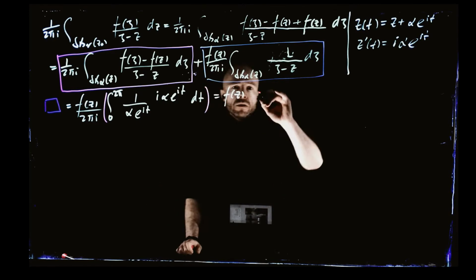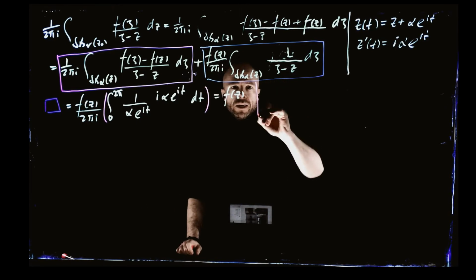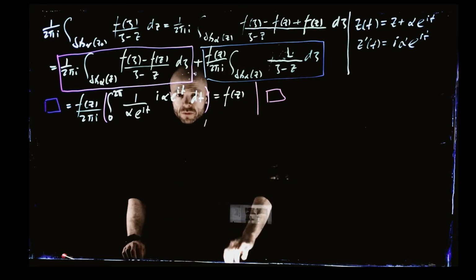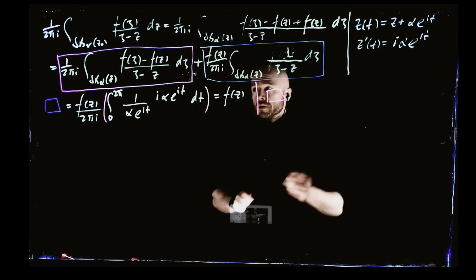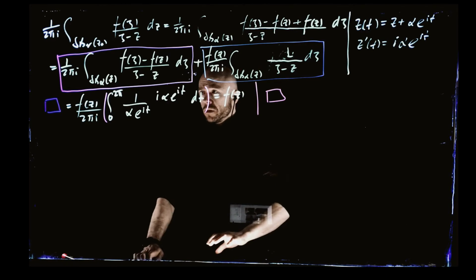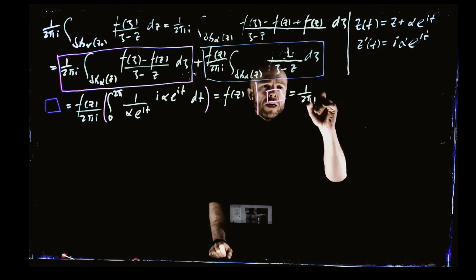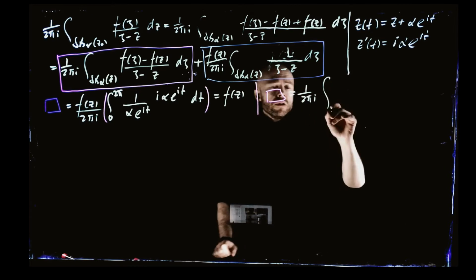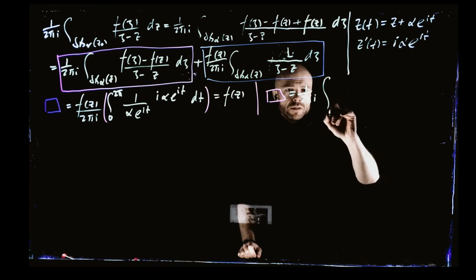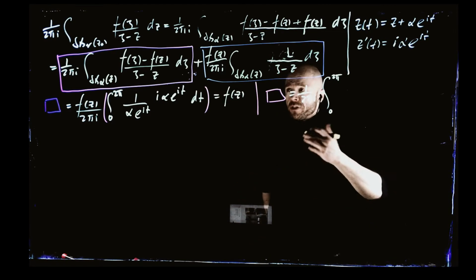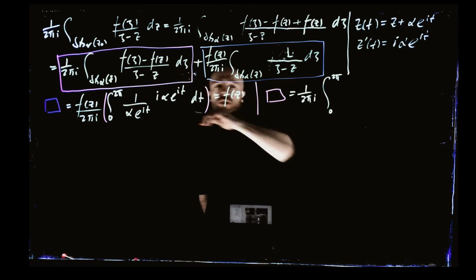So let's put a line here, and let's do the red box over here. What would happen when we parameterize it is we get 1 over 2 pi i, and then the integral from 0 to 2 pi. And then we're just going to have this expression here.